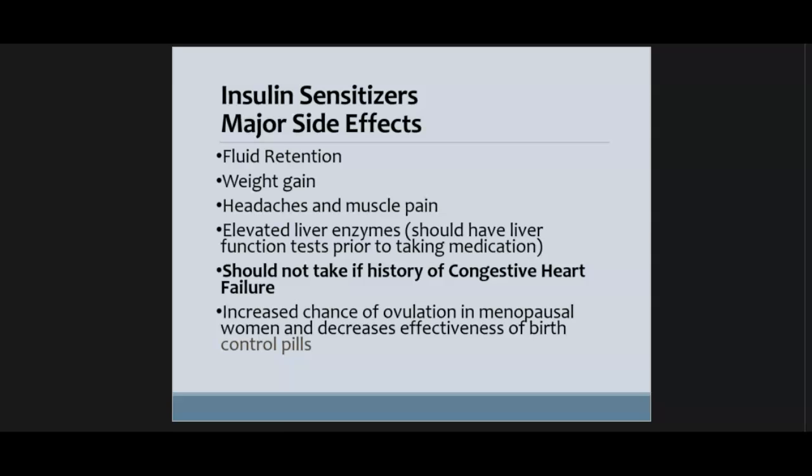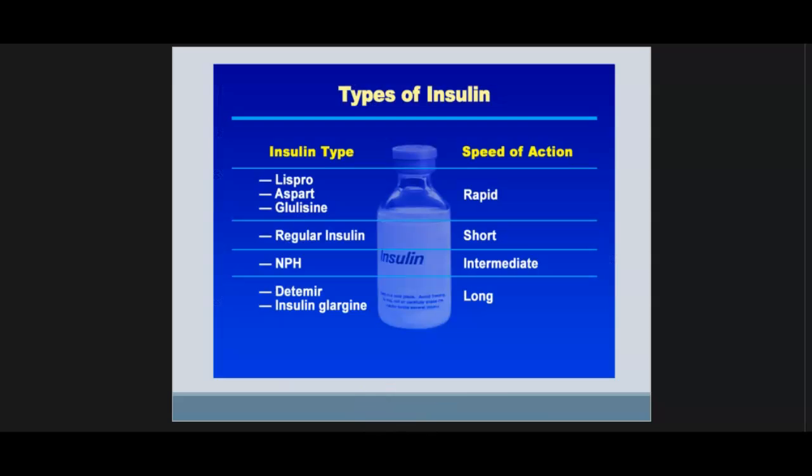So that's pretty important if a woman is still in her childbearing years. But if a woman is starting in menopause, they could actually potentially become pregnant, because it's going to increase their chance of ovulation, which is pretty interesting.